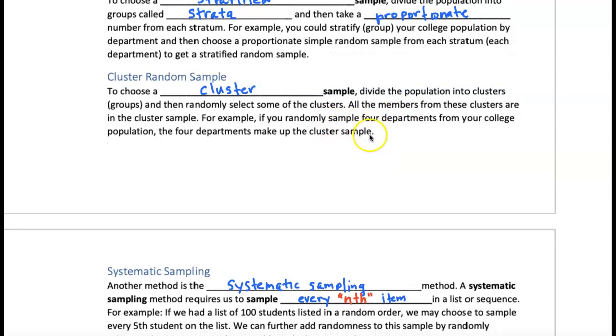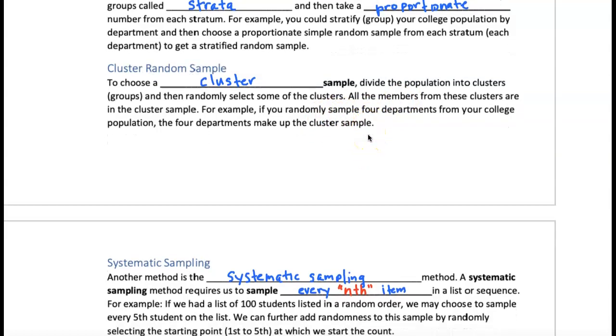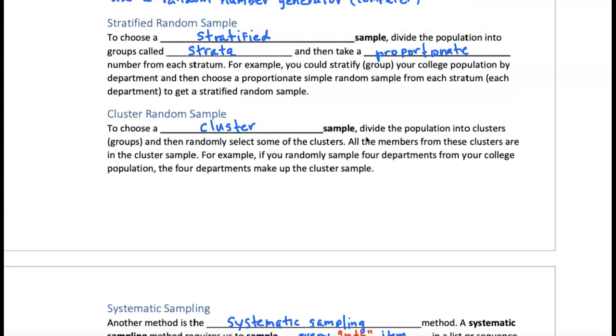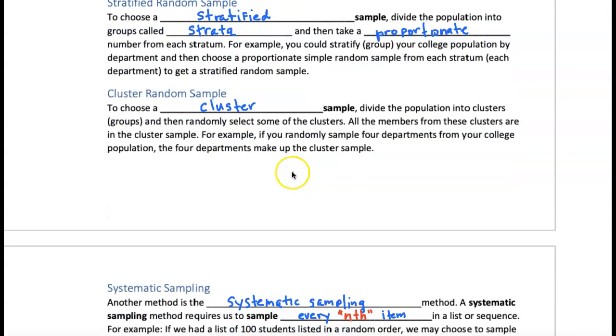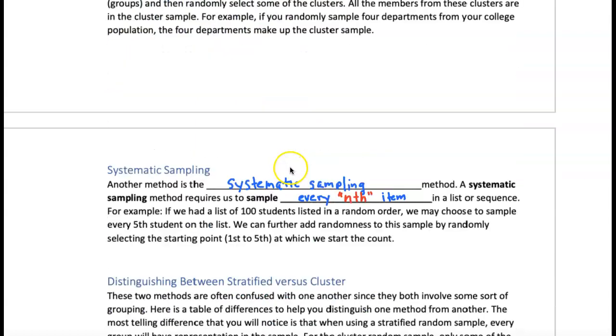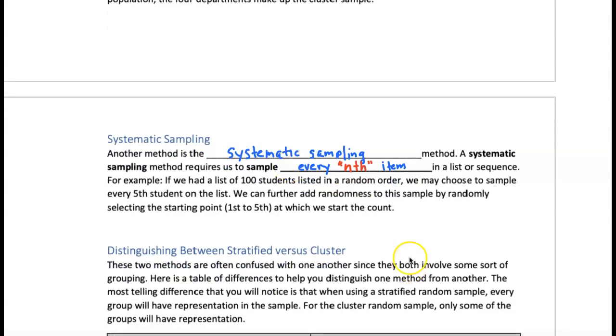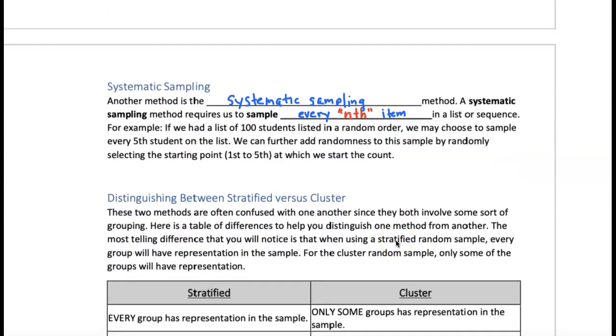Again, you have the groups, and we're selecting only some of the groups, and then getting data from all of the people in those groups. So stratified is selecting some from all the groups. Cluster is selecting all the people from some of the groups.